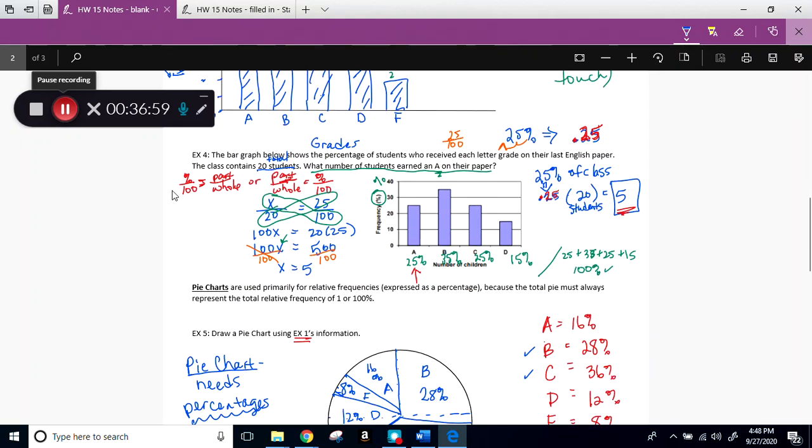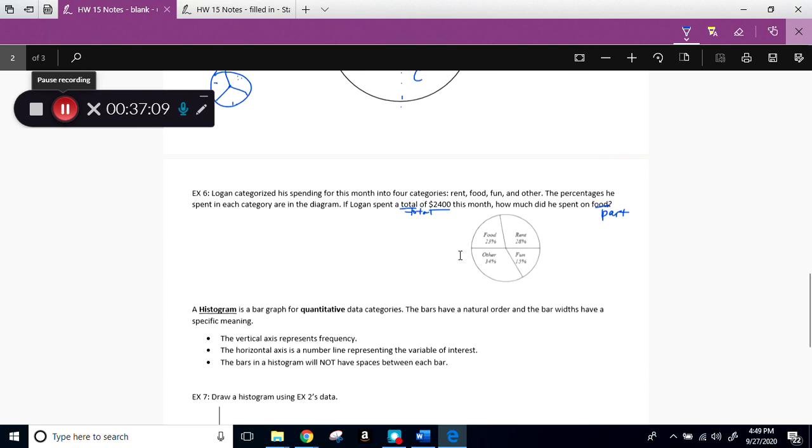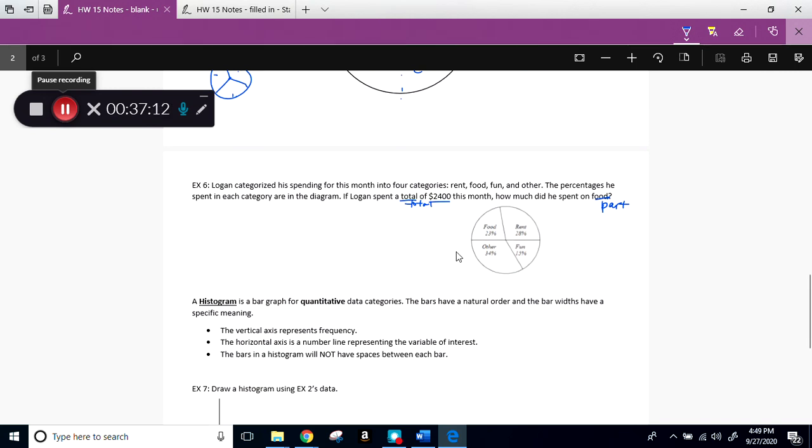You really should use it this way. I know you could do it the other way. This one's kind of easier. You could figure it out, but you really should be using this right here and not that. So if you go down here, we've got our total and our part. Now it says how much, so we don't know the part of that.